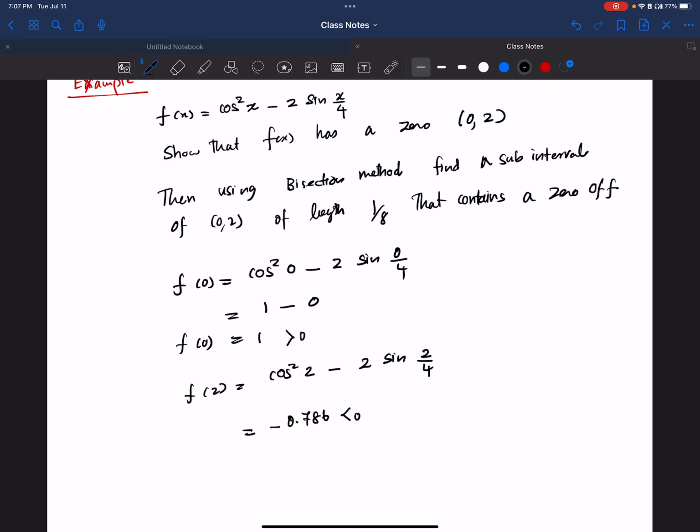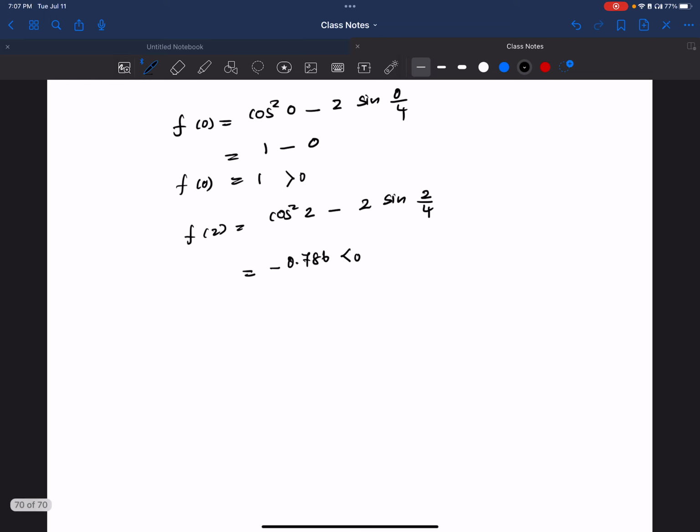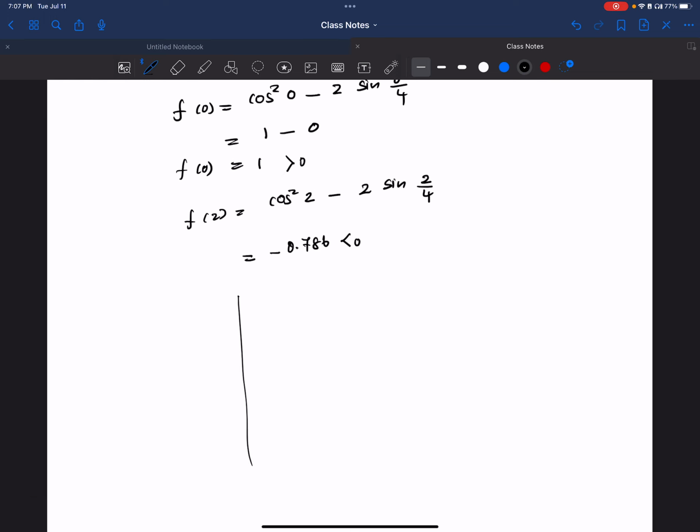Now what has happened from 0 to 2? At 0 it is 1, and at 2 it has become negative, right?